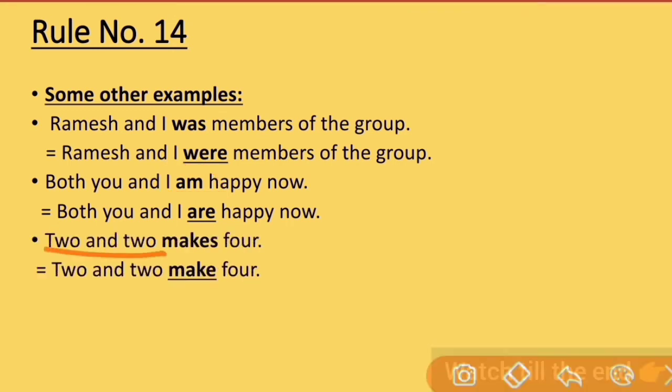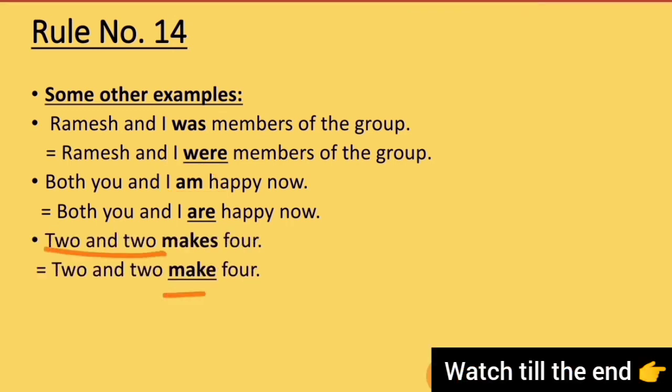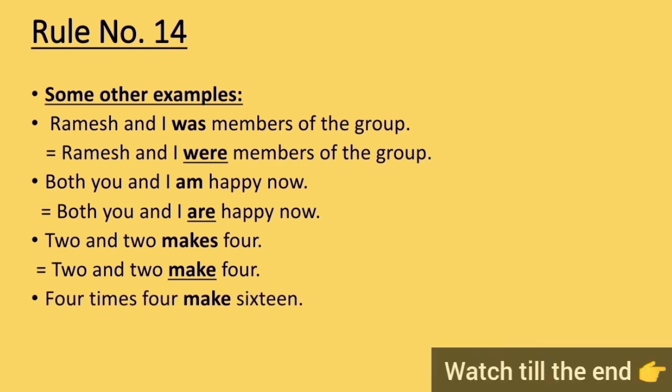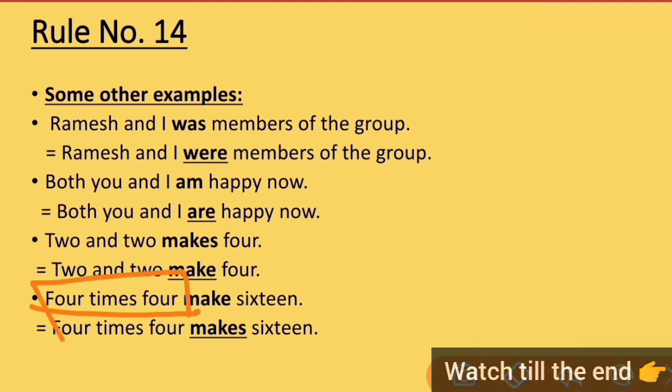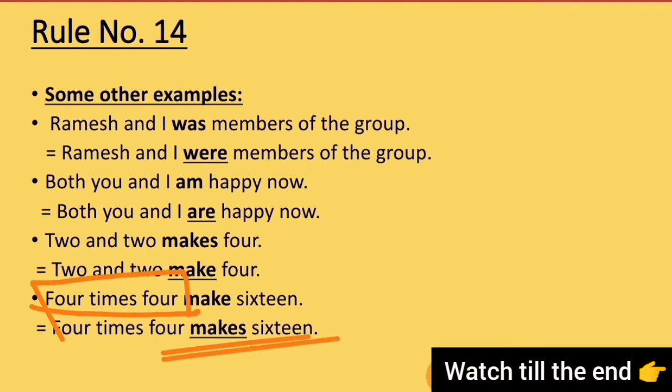Next, two and two is a plural subject, so it takes the plural verb make. Next, but 4 times 4 is a singular subject. If I say 4 and 4, then it will be a plural subject. But if I say 4 times 4, then it will be a singular subject. So it takes a singular verb. Okay.